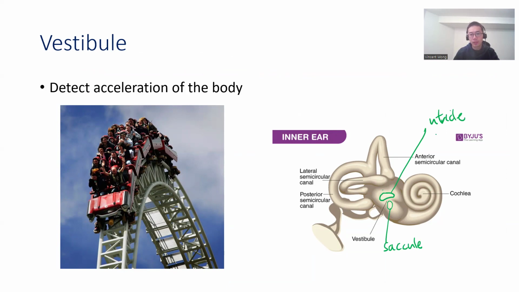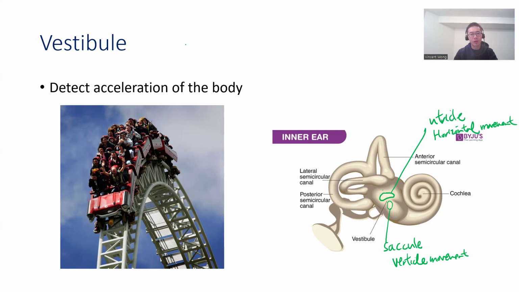So utricle is for horizontal movement. And then saccule is for vertical movement. Okay. Semicircular canal for rotation. The vestibule is just for linear movement, either front back or up down.